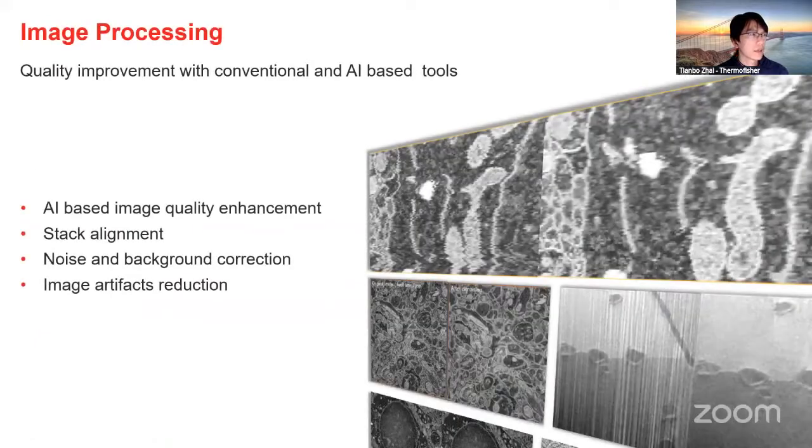Coming a little bit more into each of the key parts, I would start with image processing. The processing here, to be specific, is more of a pre-processing. As you might have experienced, either after sample preparation or actual imaging, you may notice the image quality of the raw data can sometimes be quite noisy.